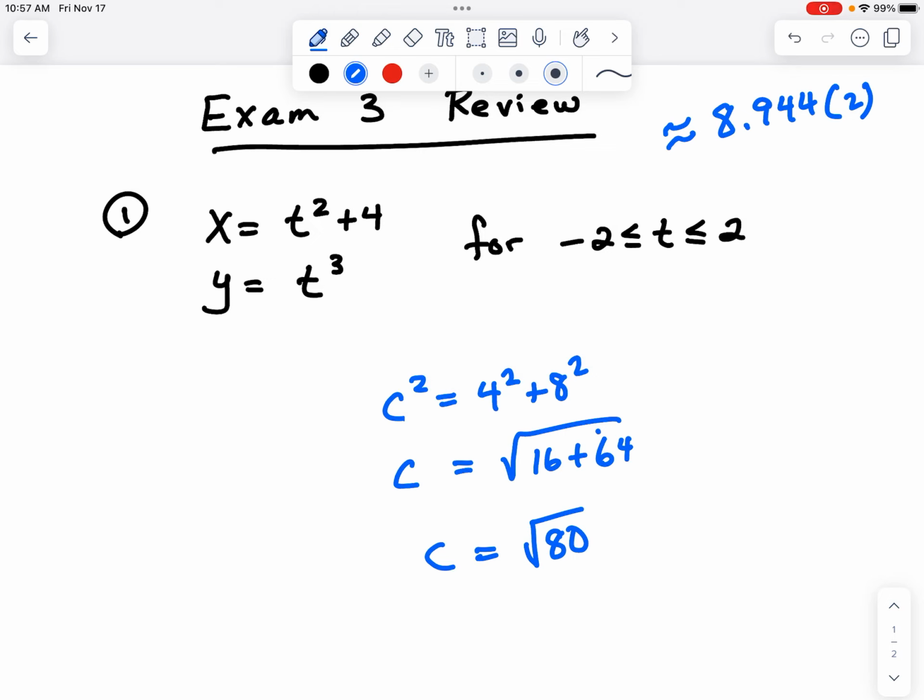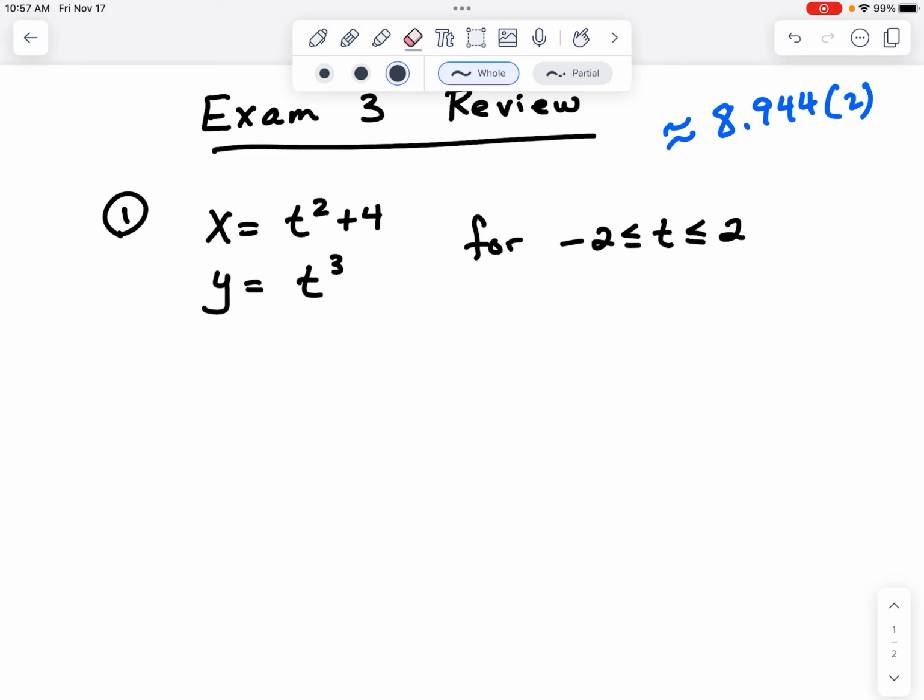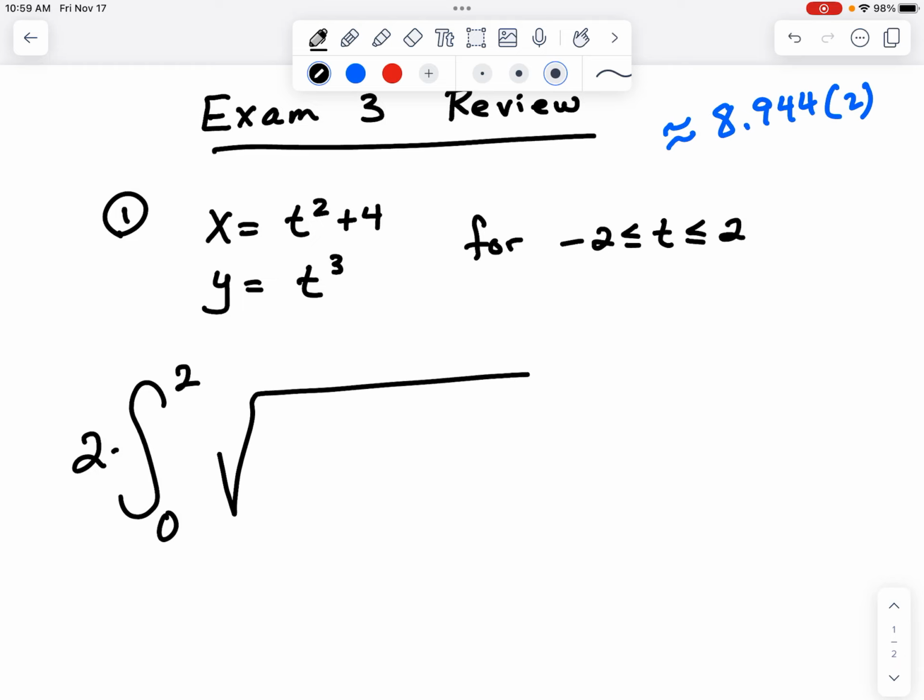Now let's do the calculus. Okay, so like I said, I'm going to integrate, but I want that to be in black. I'm going to integrate from 0 to 2, and then double the answer. And then for the arc length, it's going to be the square root.